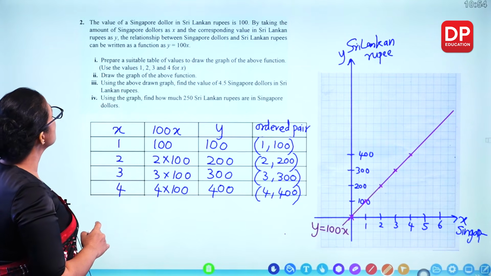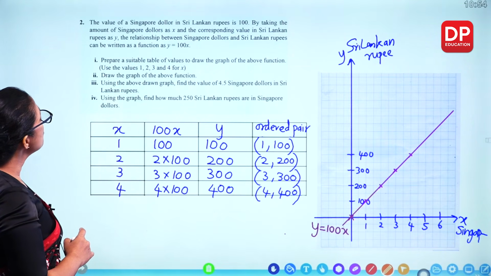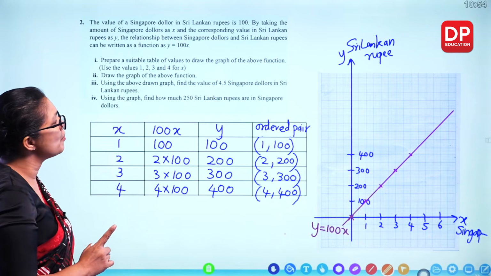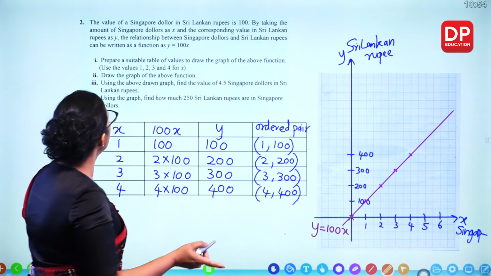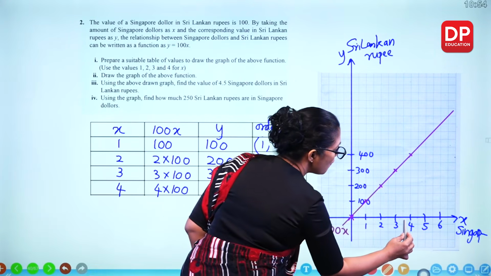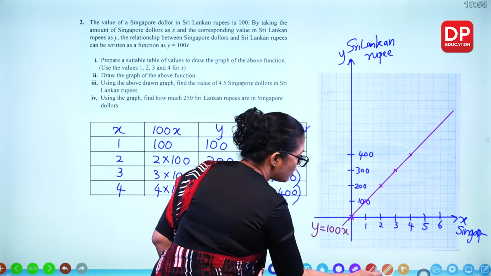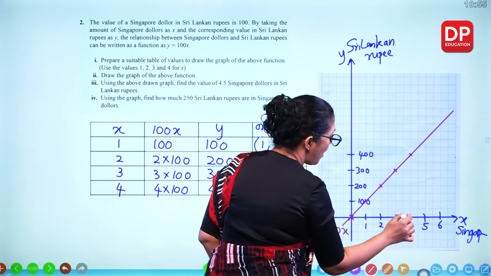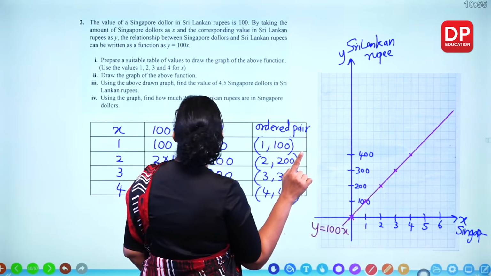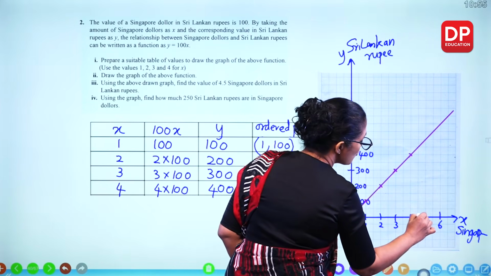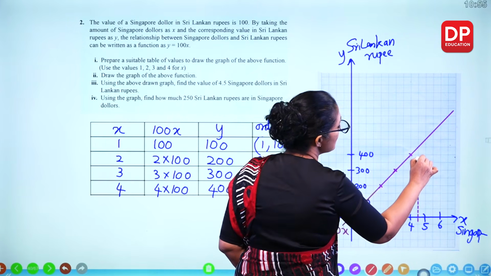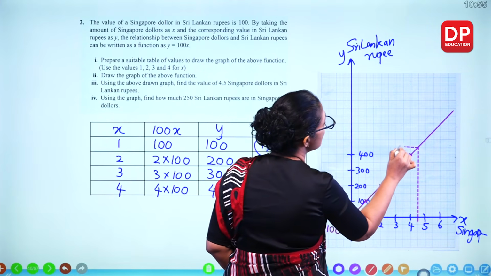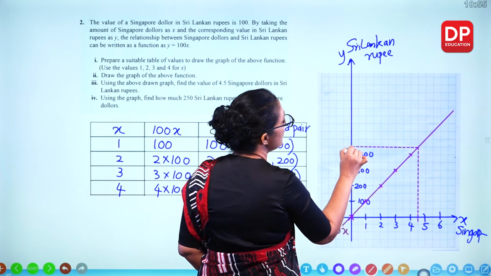Now we'll answer the questions. Part 3. Using the above drawn graph, find the value of 4.5 Singapore dollars in Sri Lankan rupees. So 4.5 is here. We can draw a broken line and find out where it cuts the line. So we'll see when this is 4.5, this is the rupee value.